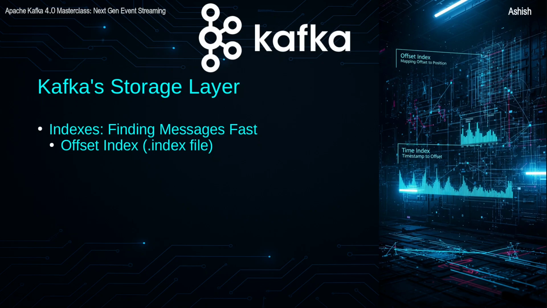And now we are going to go into a lot more details about this. So what is the purpose of this .index file? This index maps a logical message offset to its physical position, which is the byte offset within the .log file of that segment.